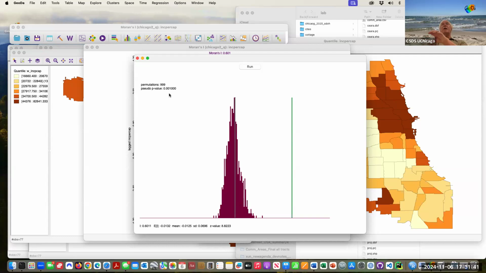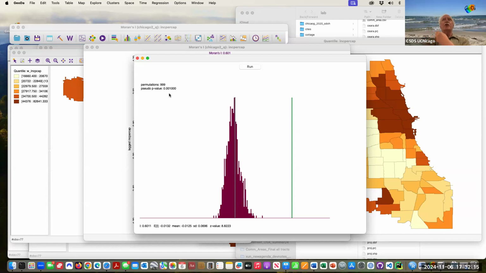So the pseudo p-value depends on how many of these permutations you do. If you only do 99, the smallest pseudo p you can get is 0.01, not 0.001. If you do 99,999, which is the maximum in GeoDa, you will get a very small number. That doesn't mean that one is more significant than the other, okay? So you have to be very aware that a pseudo p-value is not really a p-value.